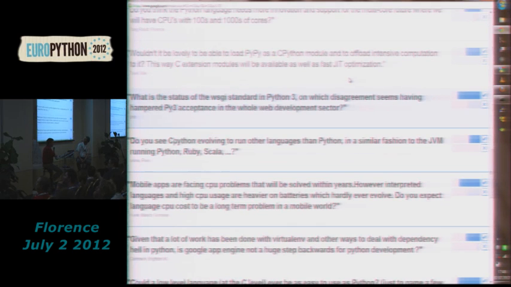What is the status of the WSGI standard in Python 3, on which disagreement seems to have hampered Py3 acceptance in the whole web development sector? Well, I think that's a little exaggerated. I remember 1 or 2 years ago there being lots of discussion about redesigning WSGI with lots of new features for Python 3, and not enough people were actually interested in moving that forward.